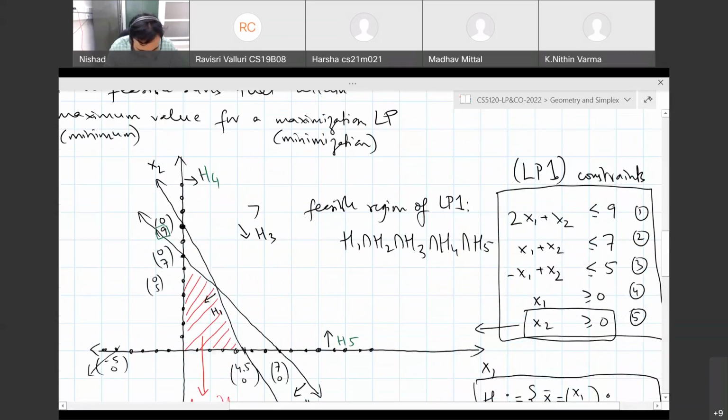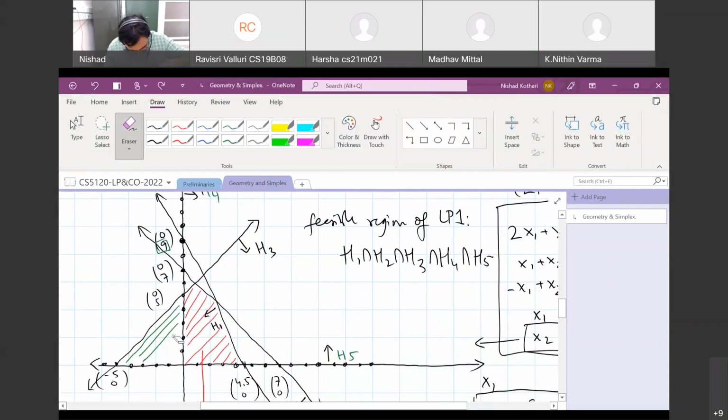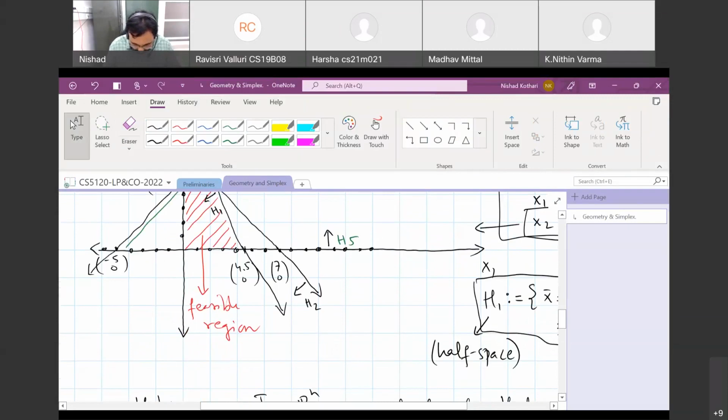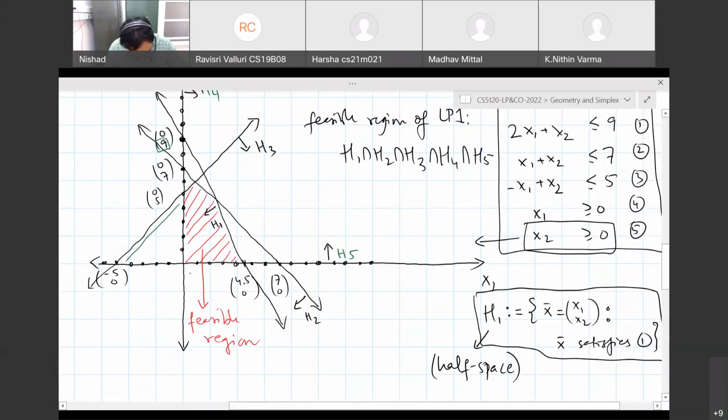give me 1 second. Right. If you remove the last constraint, then you will get all of these points. Right.